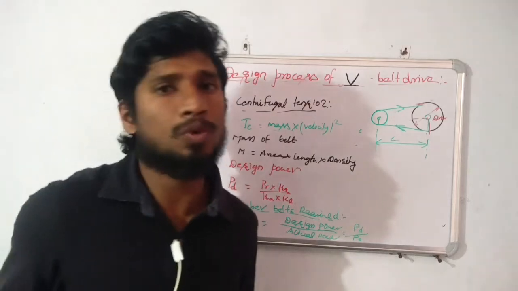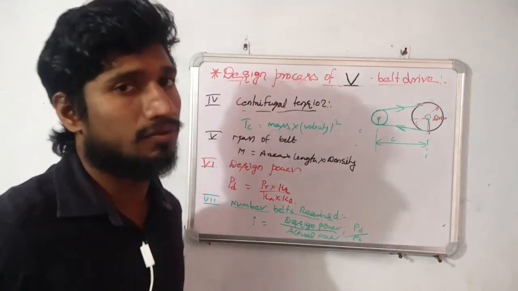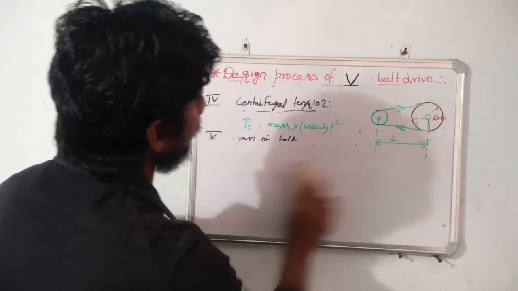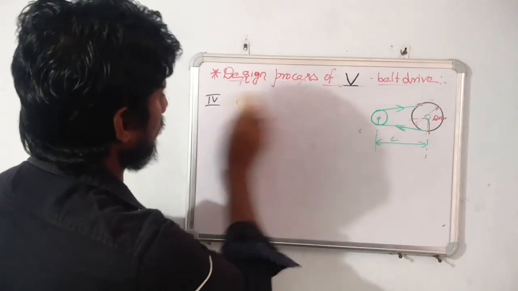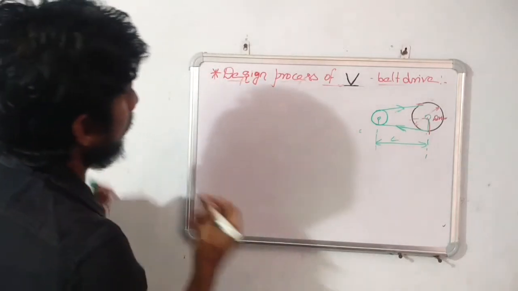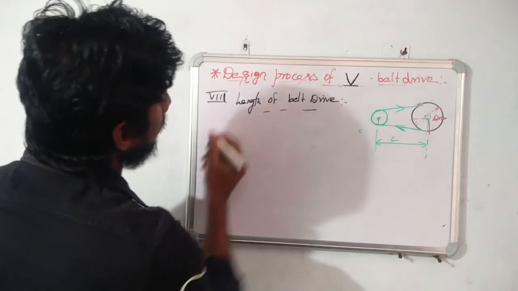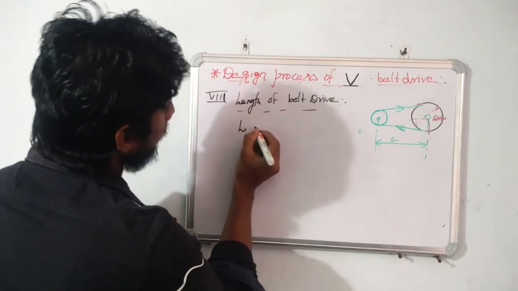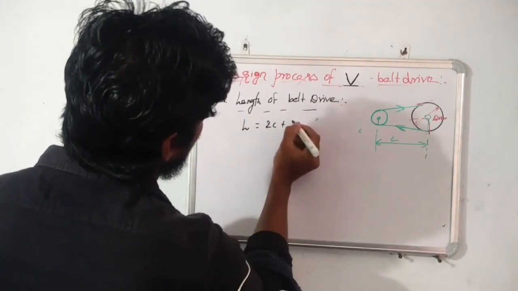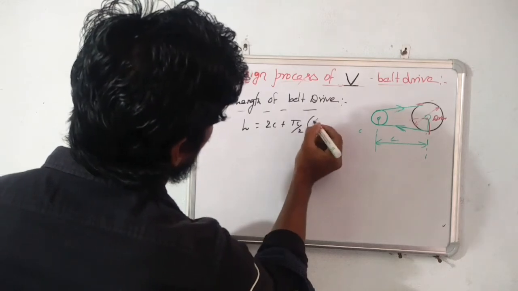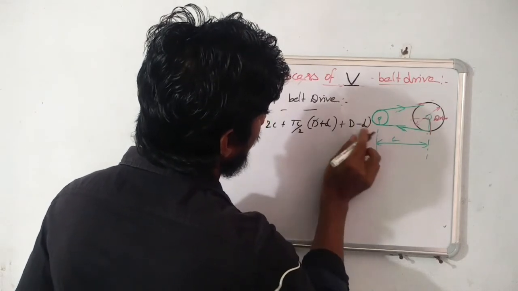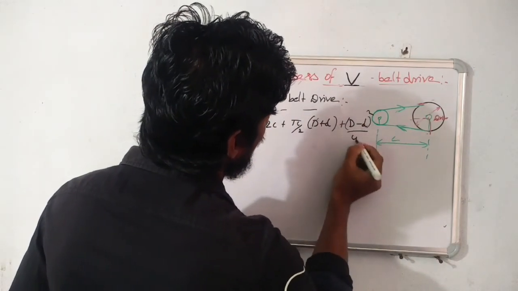Here we have one more final step, that is the length of the belt drive. Let's see how we are going to find the length of the belt drive. The length of belt drive is indicated by capital L, that is equal to 2C plus pi by 2 into (capital D plus small d) plus (D minus d) whole square by 4C.